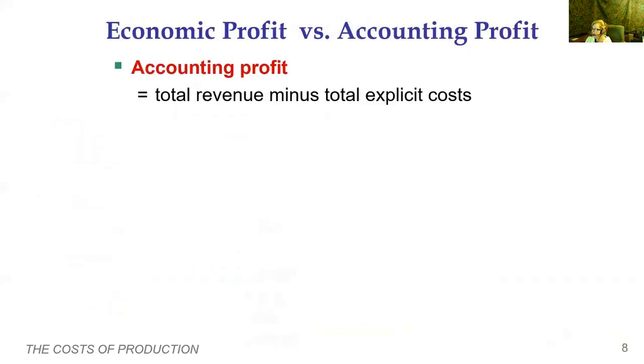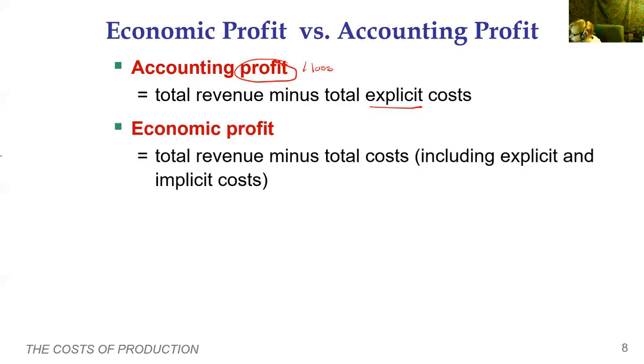Now, one thing that's important is, again, because accountants only look at explicit costs, they're going to be able to actually calculate a profit or perhaps a loss if we're not doing so well at that particular time. Economists, however, because we look at all costs, and this is the point that sometimes in later economic courses becomes difficult to measure, economic profit will always be equal to zero, because we're also looking at all of the opportunity costs or implicit costs that we could be doing with that money.